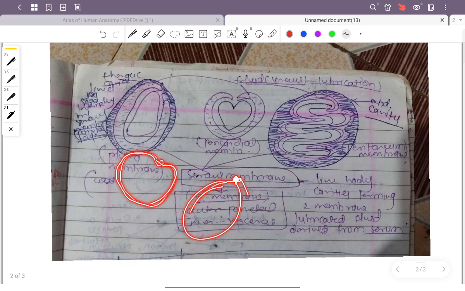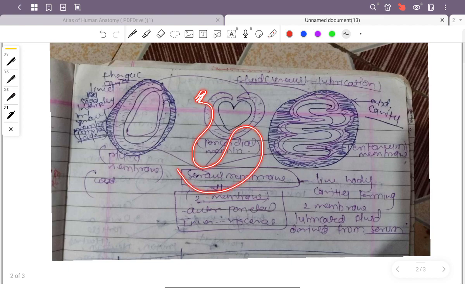If I use this apple and try to press the balloon with it, what's going to happen? This balloon structure will be somewhat like this.